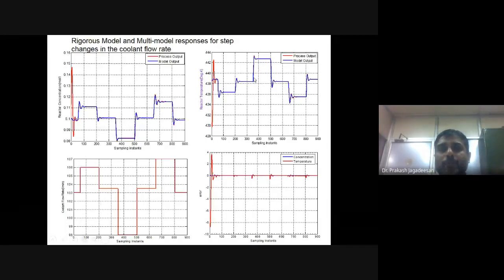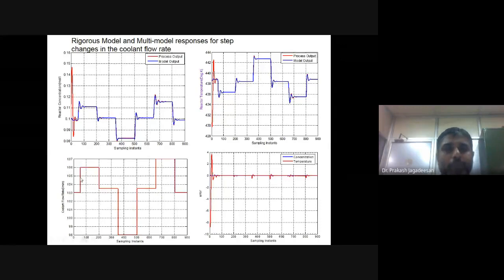On the right side, what I've shown is how the temperature is changing with respect to time. There is some mismatch initially, but afterwards, the reactor temperature, the process output and model output almost overlap, meaning the mismatch is very low. Let's say bias is very low.